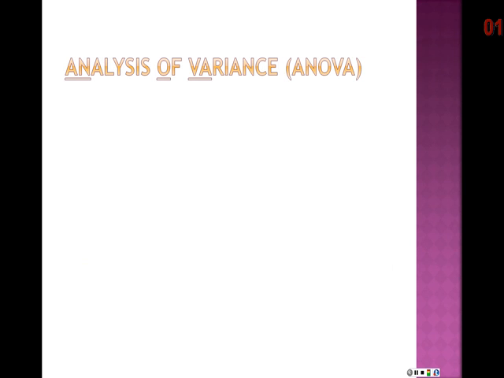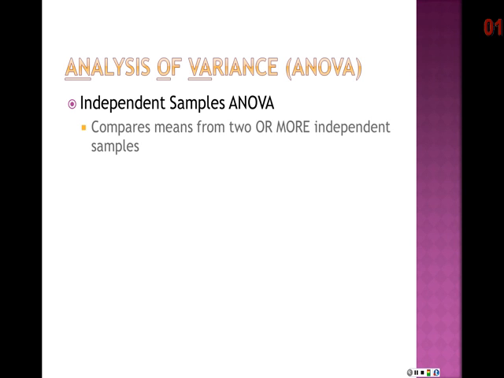So ANOVA is a little bit different than each of these. And we call it ANOVA because it's analysis of variance. Specifically, independent samples one-way ANOVA compares means from two or more independent samples.